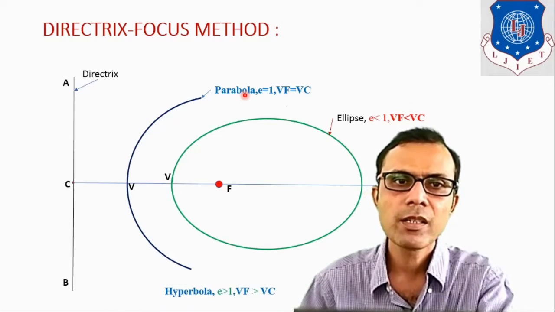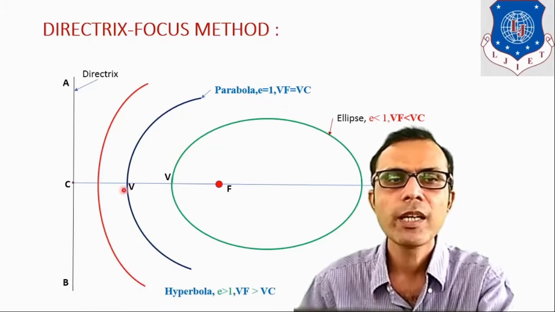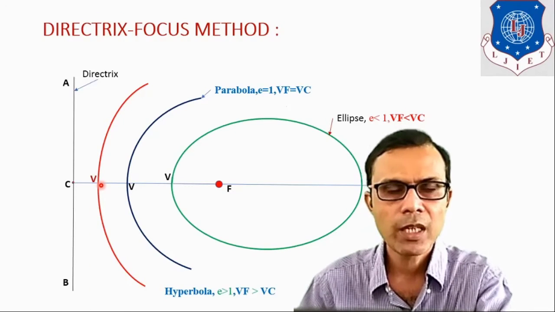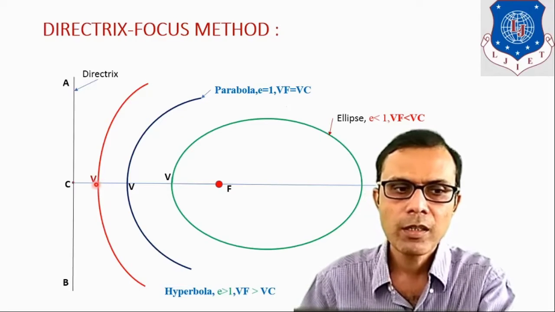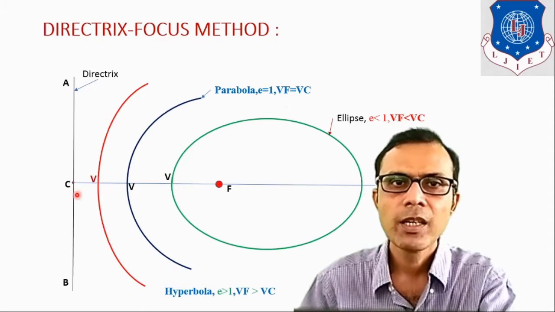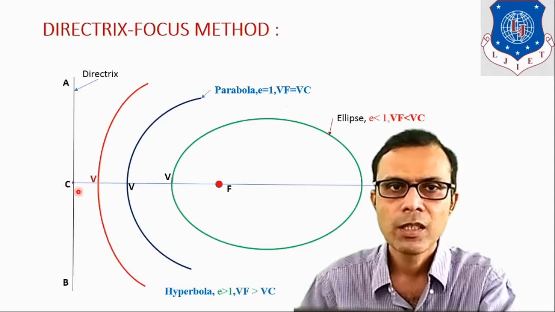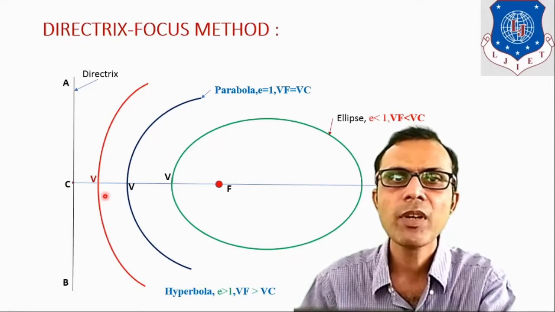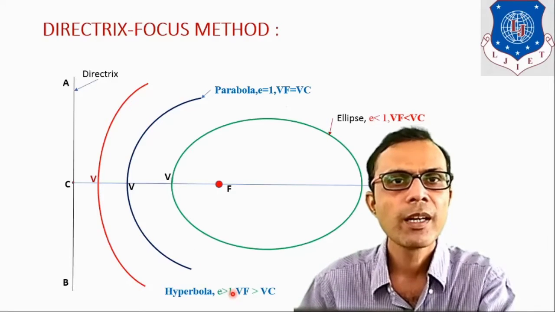Now let us consider the next curve, that is the hyperbola. This point is the vertex point V for the given hyperbola. Here this distance VF is greater than VC. If VF is greater than VC, then the value of eccentricity will always be greater than 1.